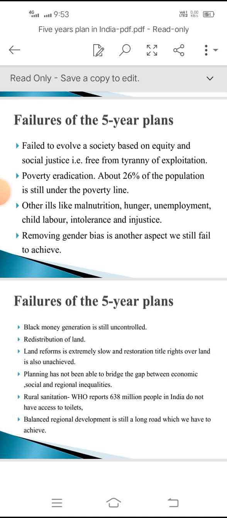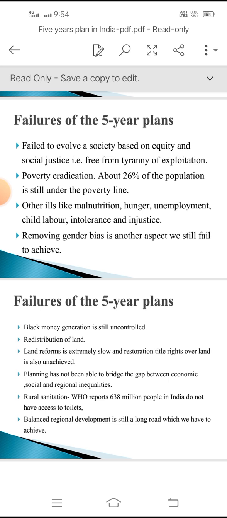Then black money generation is still uncontrolled. You know that when Narendra Modi became the Prime Minister of India, at that time he introduced a scheme, and the 2,000 rupee transactions from the public were banned, so that he restricted the exchange of that amount.